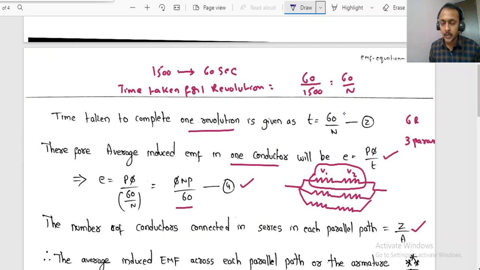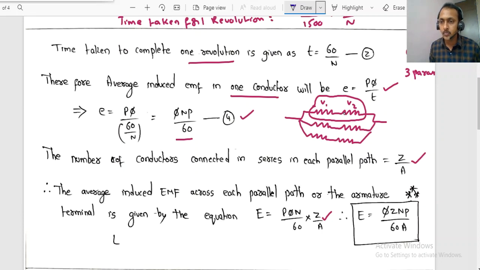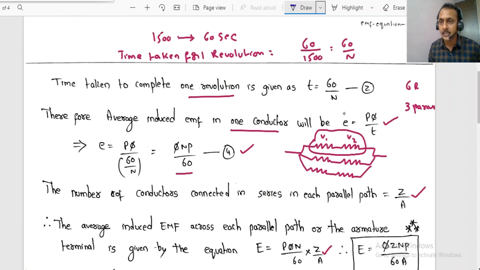This point is important. EMF induced E equals Pφ by T, and depending upon the number of parallel paths, how can you get that? Z divided by A gives the number of conductors in each parallel path. If you have a doubt, think like this. If you have 6 resistors and 3 parallel paths, how many will be there in each parallel path? 6 divided by 3, 2 resistors will be in series.